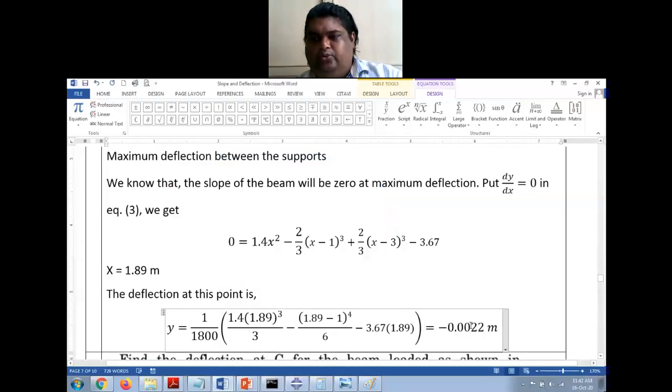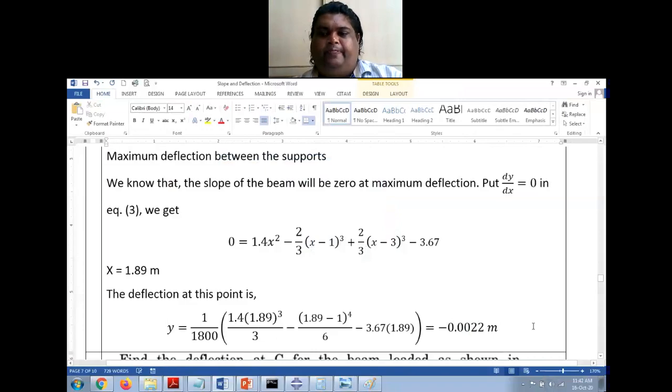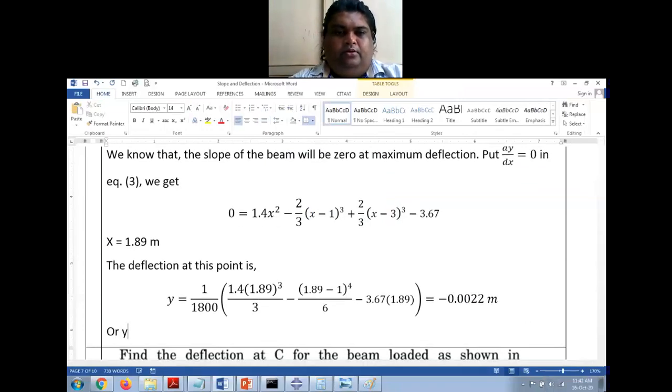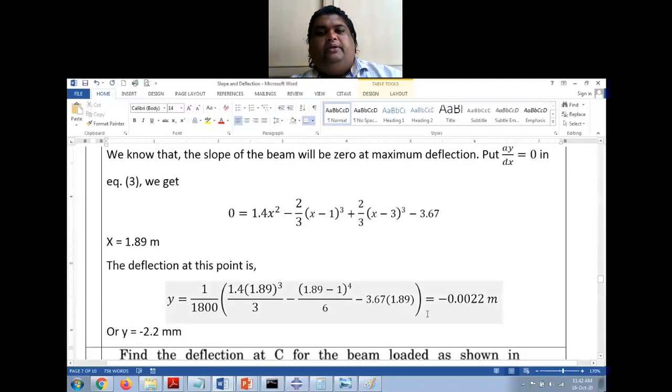So it is minus 0.0022. Did you get this? Minus 0.0022 meter. 0.002161, yeah. I just rounded it off, so it will be 2.2 mm, or y is equal to minus 2.2 mm.